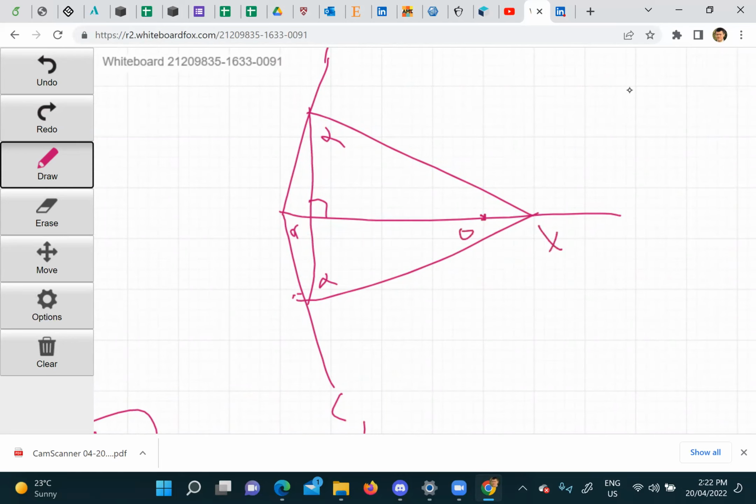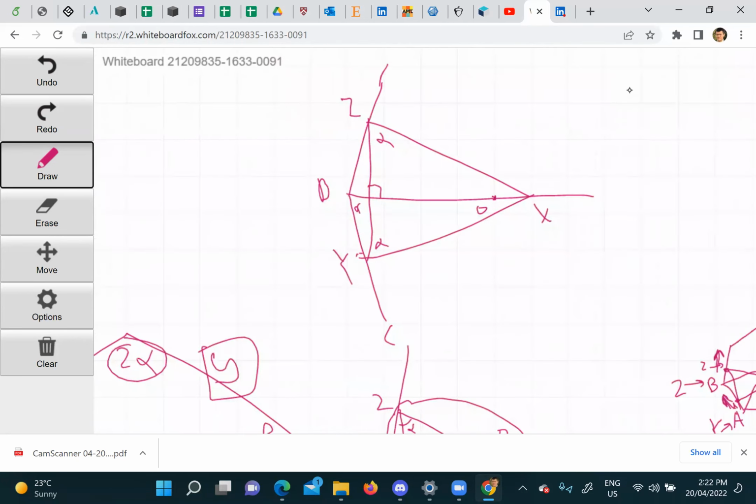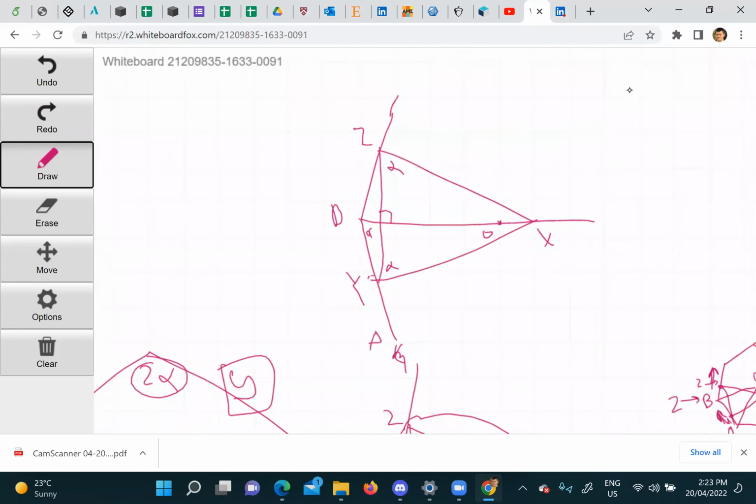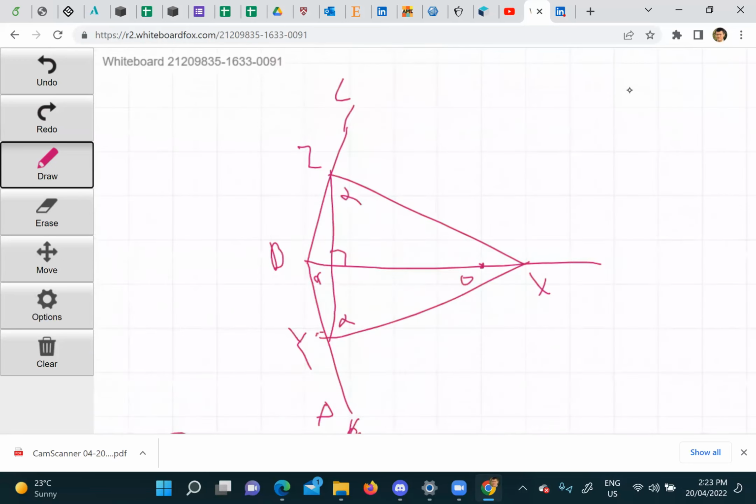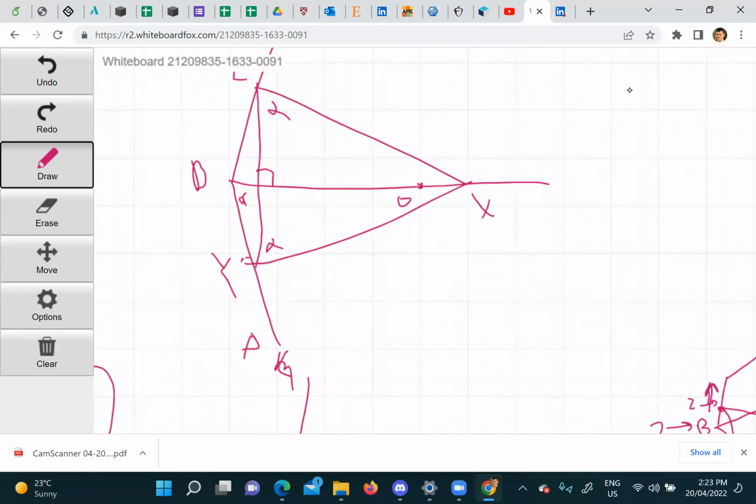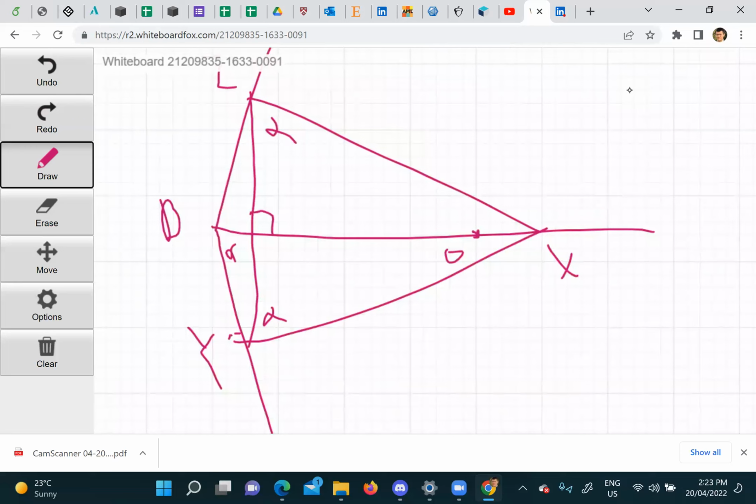X, Y, Z, B, A, C. How do we calculate the length BX?